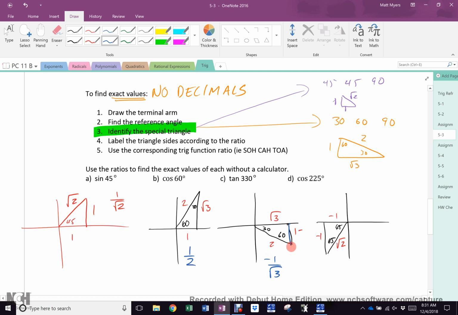It dropped by 1. What's the cos of 225? -1 over root 2.